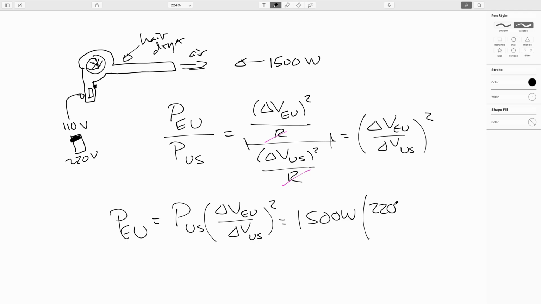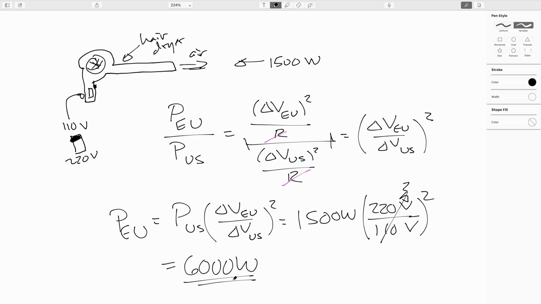So this is 220 volts here up to 240. This is 110 volts up to 120, somewhere in there. So we'll just use these numbers squared. Well, this is just 2 squared is 4. 4 times 1500 is, holy cats, 6,000 watts. And so the usual end point of the legend is that the person's hairdryer melted down.